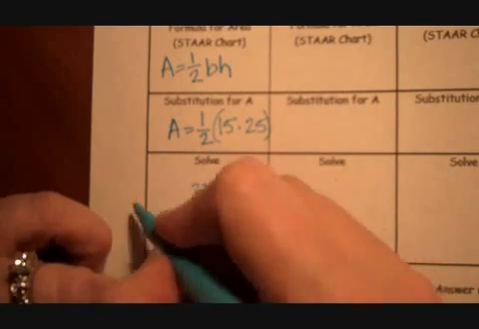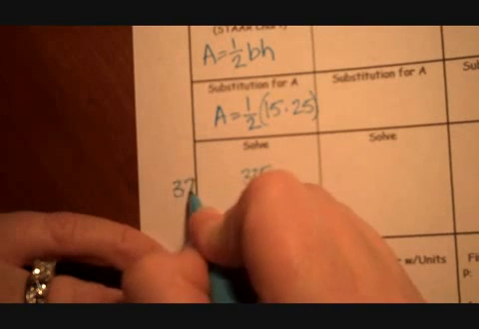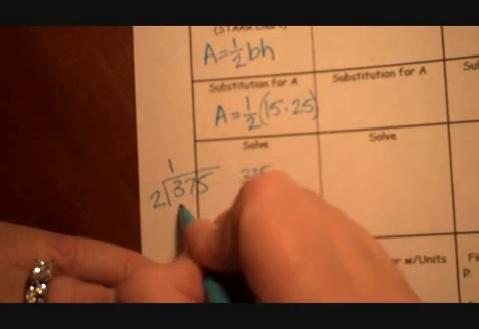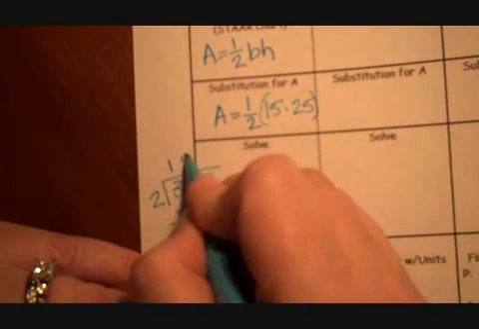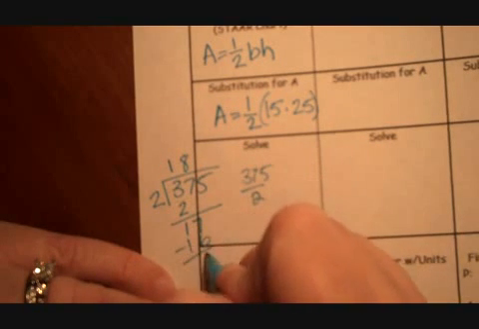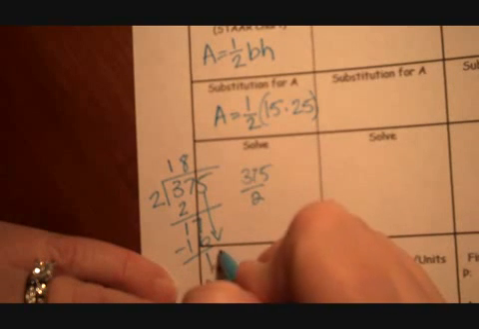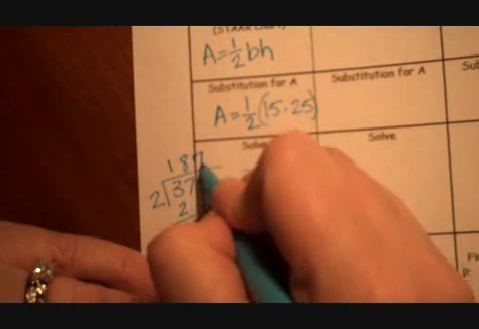I'm going to have to come over here, and 375, I'm going to divide it in half. So 2 will go into 15 seven times.